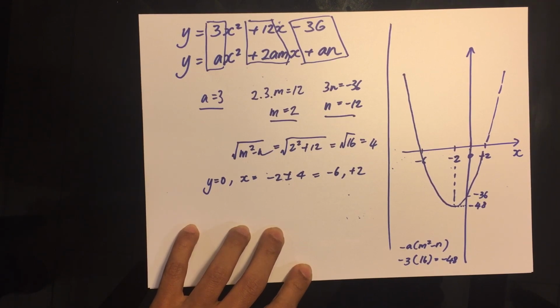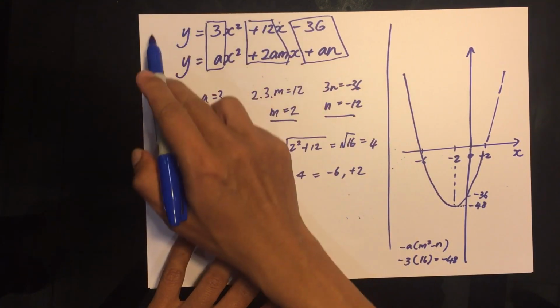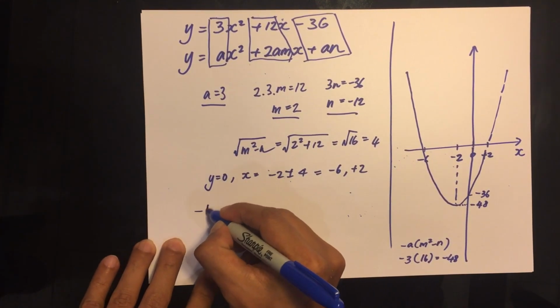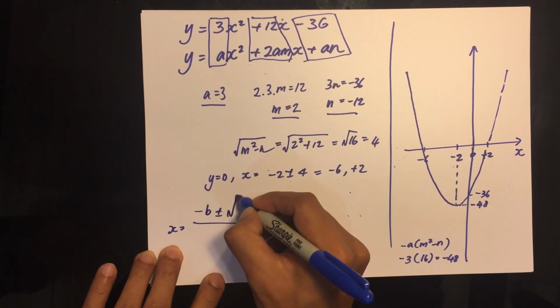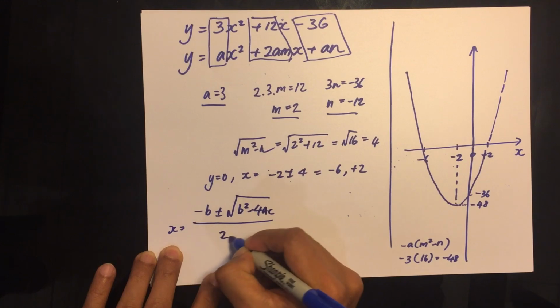All right, so that's your very simple sketch of the parabola. Now, just for fun, if you had used the traditional b squared minus 4ac formula on this, what would you have? Remember, it's x equals negative b plus minus the square root of b squared minus 4ac, divided by 2a.